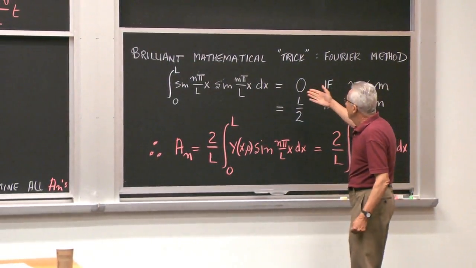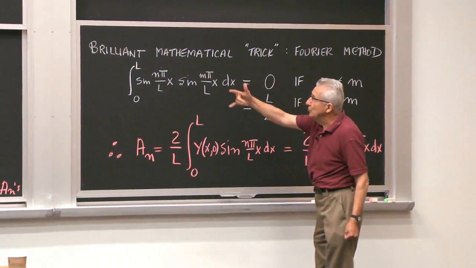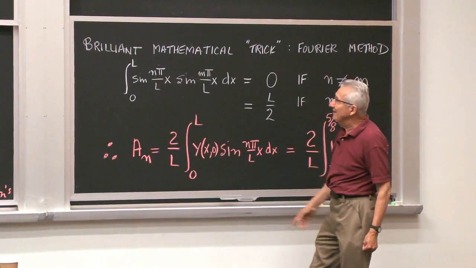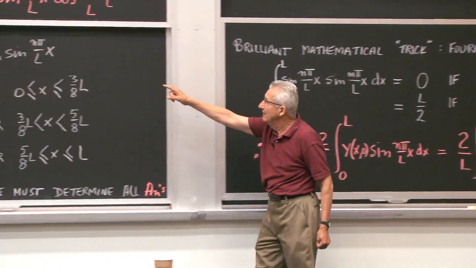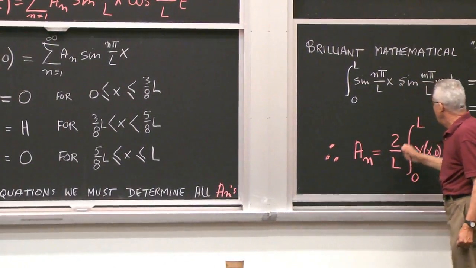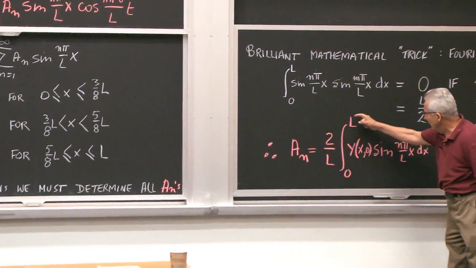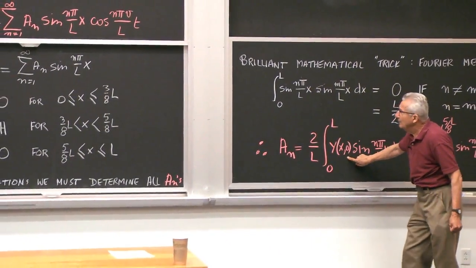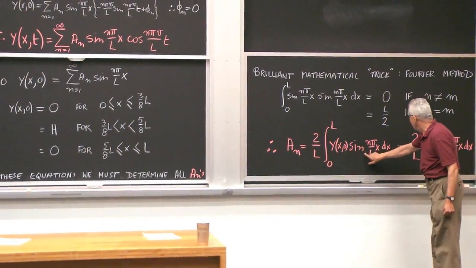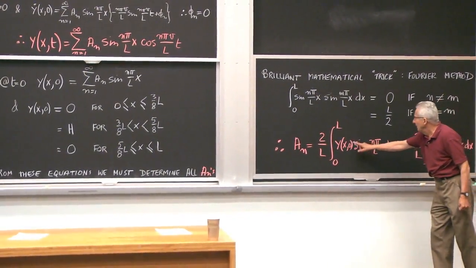And if I apply this to our problem, we find that an is equal to 2 over L, that's from here, the integral from 0 to L of y sine that dx. Right?